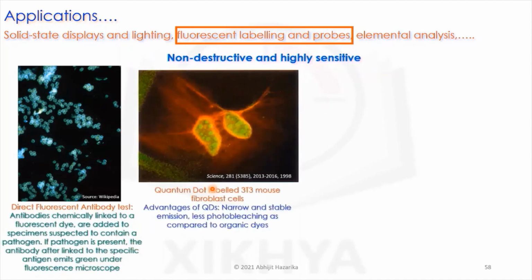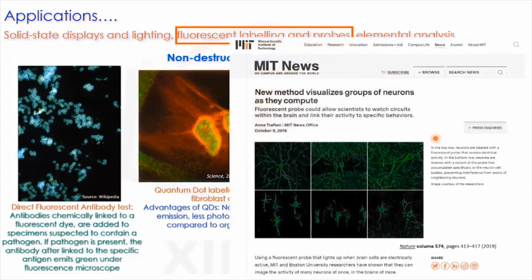So quantum dots are also nowadays used as biological markers, and the advantages of quantum dots are that the emission is narrow, stable, and they are less photobleaching as compared to organic dyes. So recently, the MIT scientists have used a specifically designed fluorophore to probe the electrical signal inside our brain.